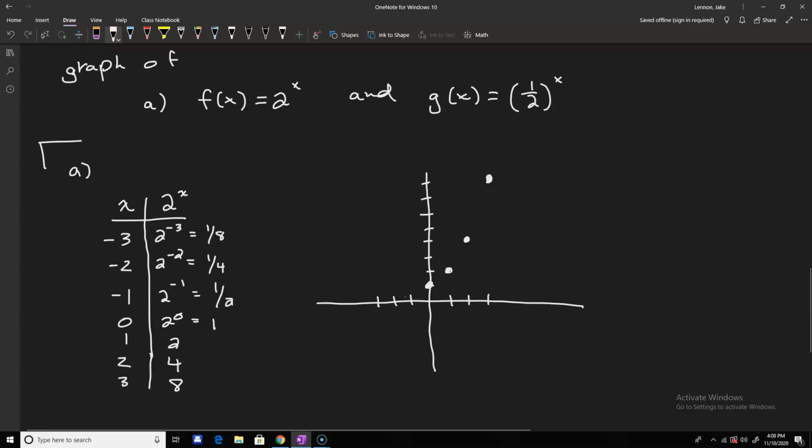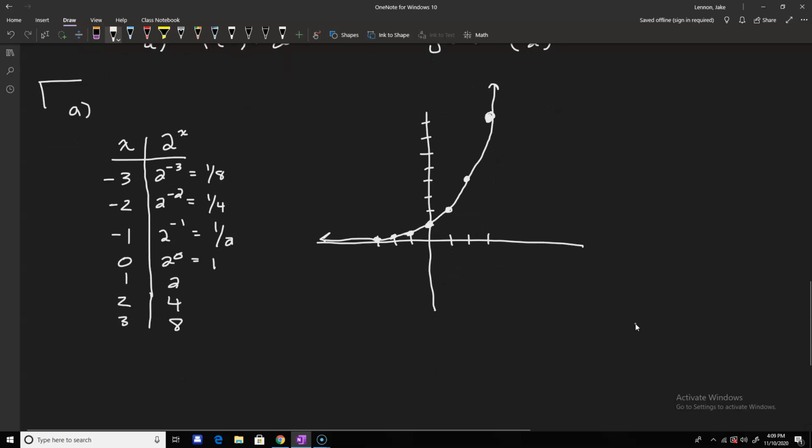And then we just keep halving the distance to the x-axis as we go to the left: 1/2, 1/4, and 1/8. We see those dots forming a clear pattern. The pattern is this smooth arc that goes up very quickly toward the end and just keeps getting closer and closer to the x-axis as we move to the left.